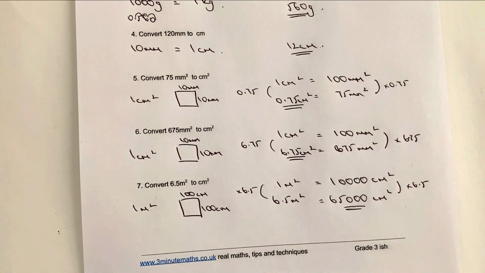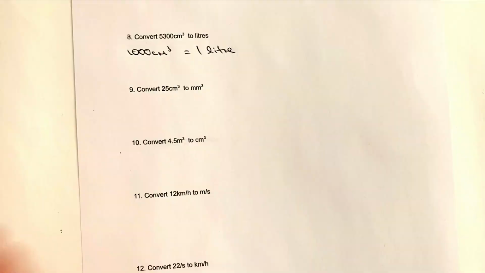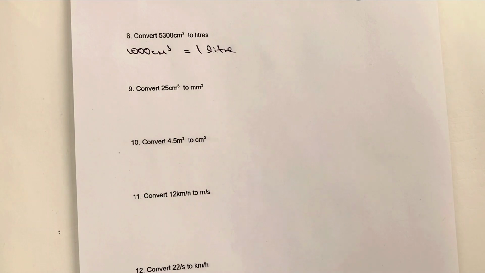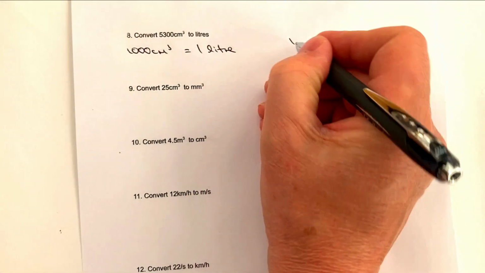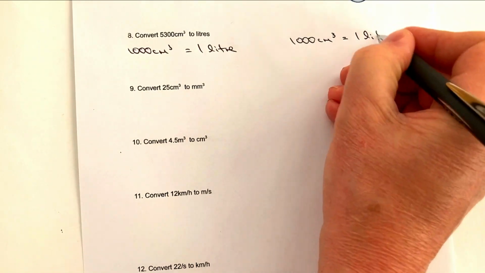All right, question number 8 is going to follow roughly the same idea, but effectively now we've got centimeters cubed to deal with. Okay, so slightly different thing. What we're going to do is convert centimeters cubed to, in this particular first one, liters. Well, what I do know is that 1,000 centimeters cubed equals 1 liter.